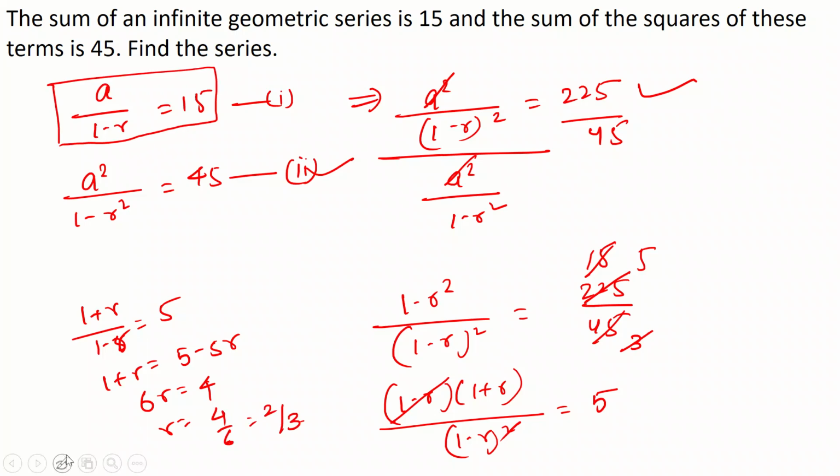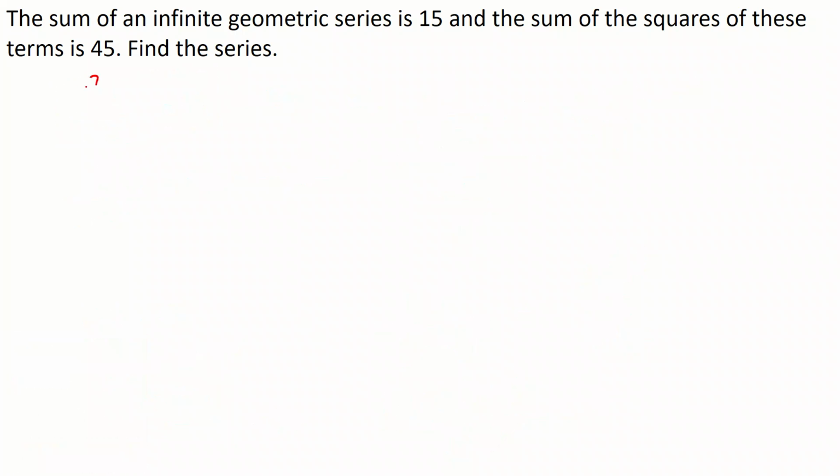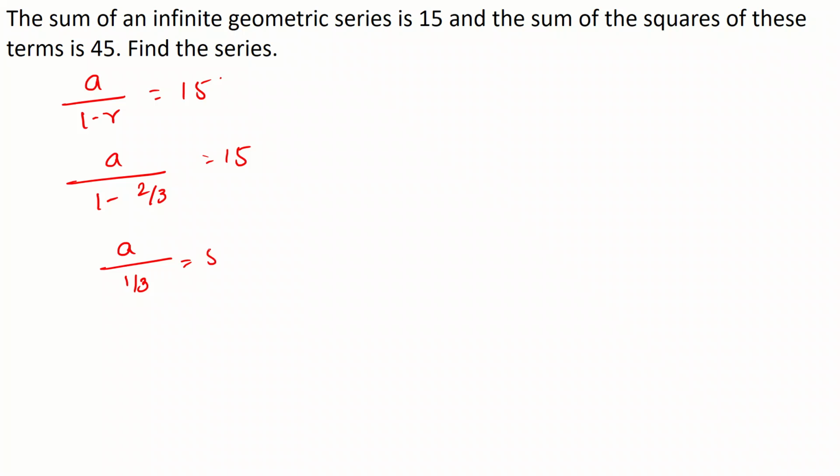So r turns out to be 2 by 3, and a by 1 minus r I know is 15. So a by 1 minus 2 by 3 is equal to 15. A by 1 by 3 is equal to 15. A times 3 is equal to 15. A is equal to 15 by 3, which is equal to 5.